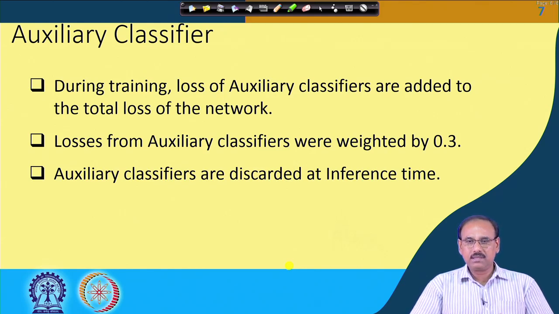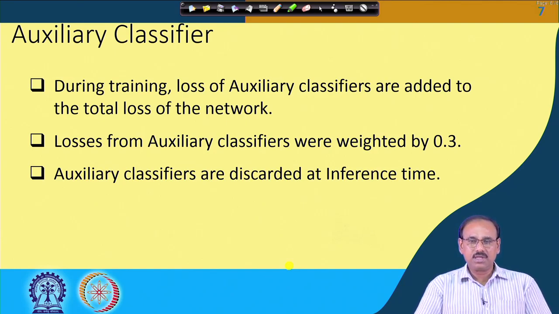And of course, the loss from the auxiliary layer outputs is scaled by a factor of 3 and then added to the final loss function. Because you are computing the loss from the middle layers and adding it to the final loss function, which is used during the backpropagation operation, it is expected that the vanishing gradient problem will be solved to some extent.